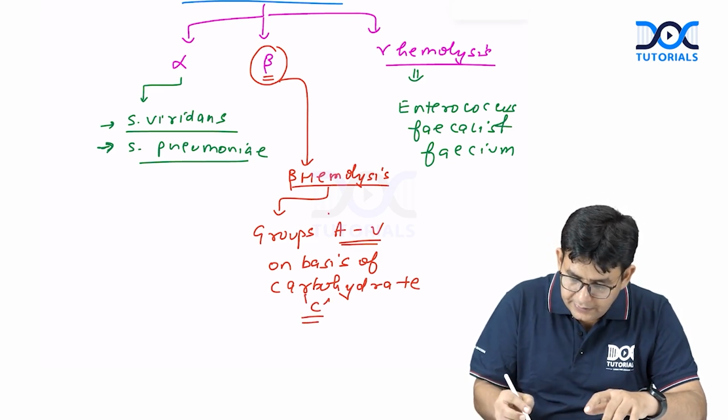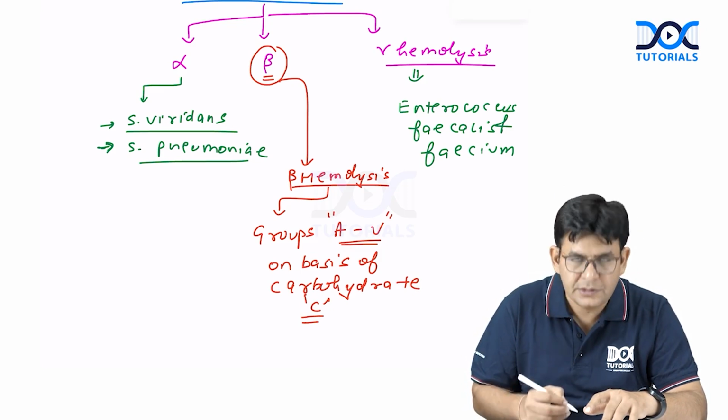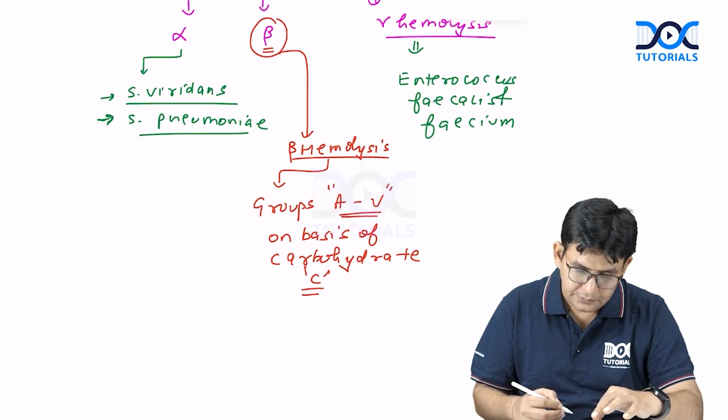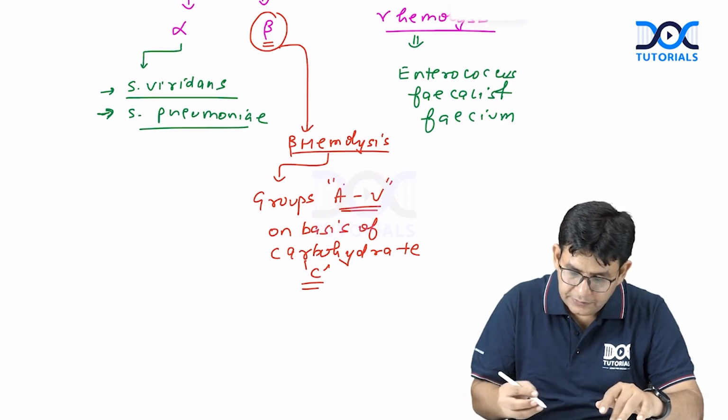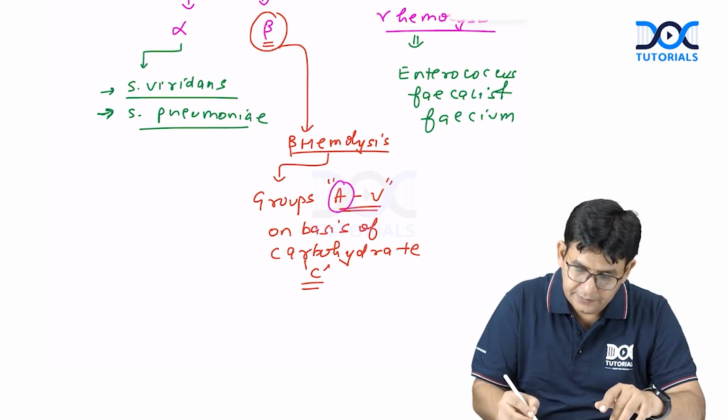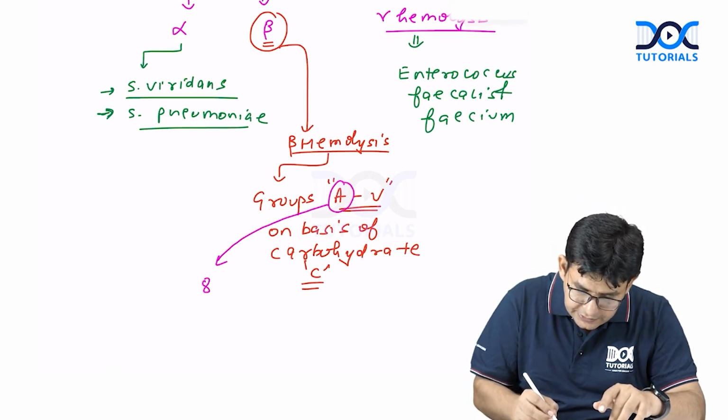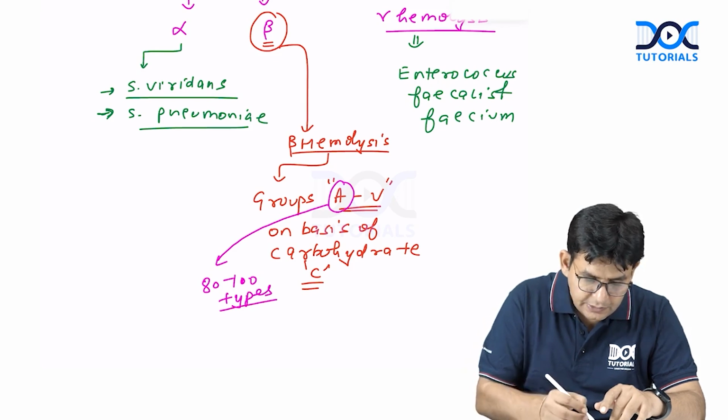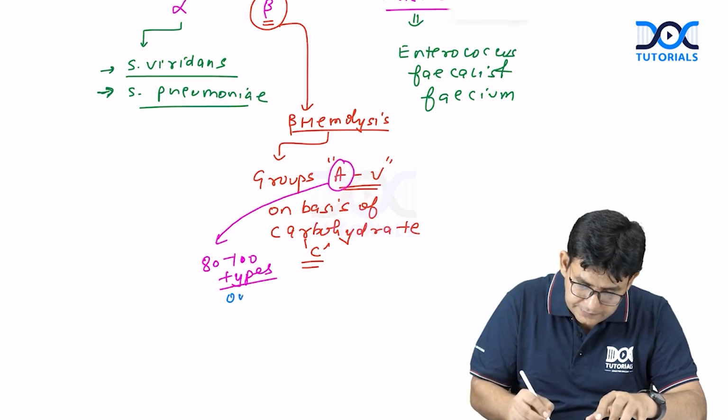Carbohydrate C, and they are grouped into how many groups? Groups A to V. And what do you do then? You take group A and divide it further into 80 to 100 types on the basis of M protein.